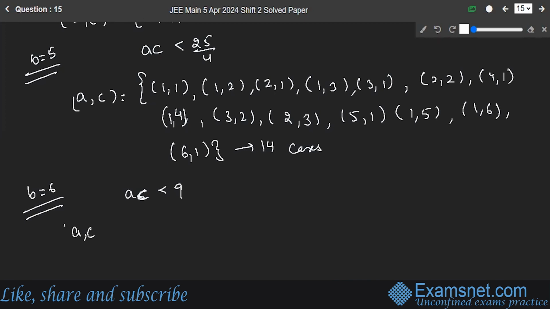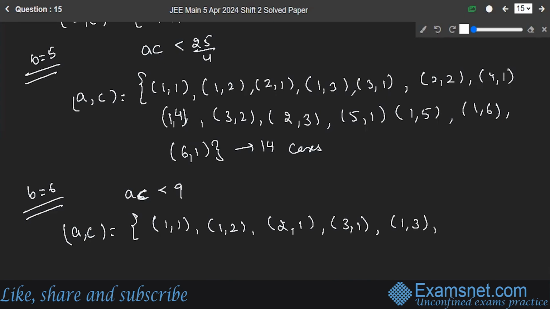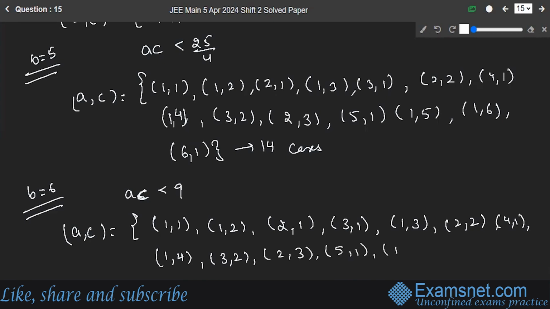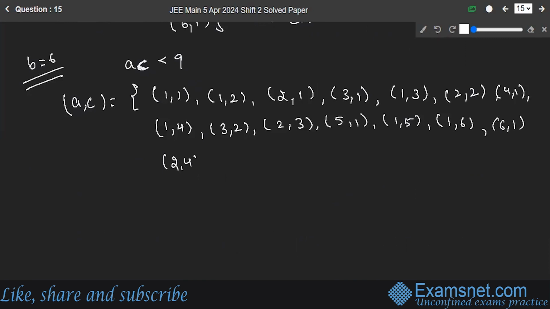So the possibilities for AC will be 1, 1; this; 3, 1; 1, 3; 2, 2; 4, 1; 1, 4; 3, 2; 2, 3; 5, 1; 1, 5; 1, 6; and then it can have a 2, 4. And how many cases will be there total? You will have 16 cases.